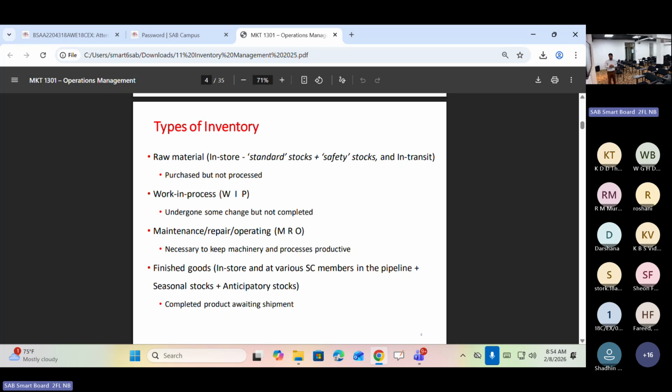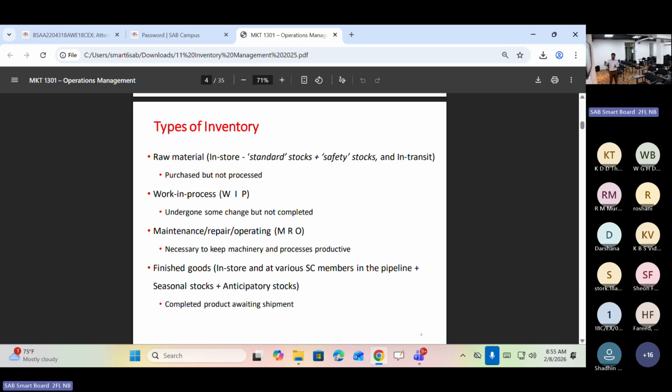What did we discuss? We just identified that in operations, inventory management is an important area. Especially in manufacturing industries, to make sure that their supply is continuously maintained to the market, they have to maintain inventories of different types.